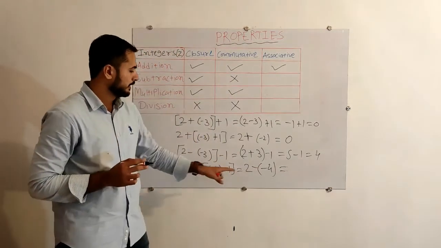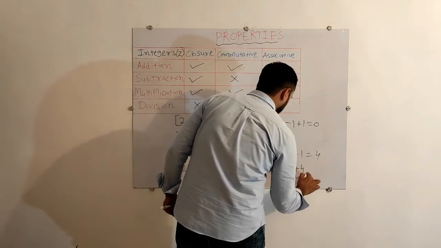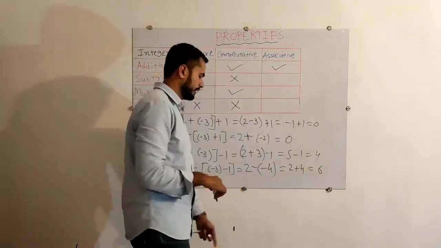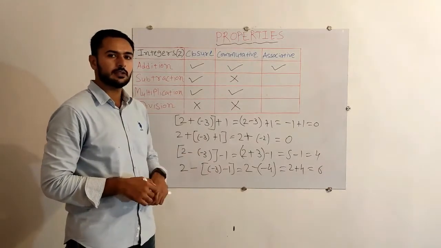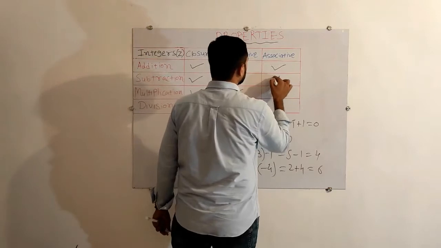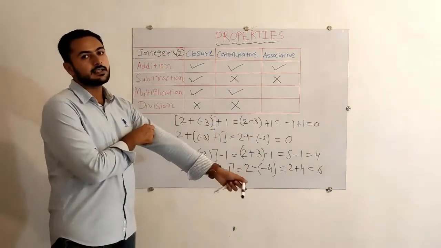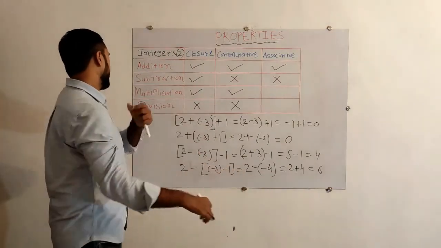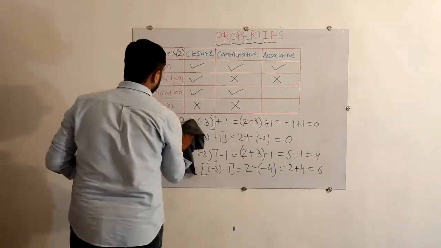Now, minus minus is plus, so 2 plus 4, answer is 6. Do we get the same answer for both? No. It means integers are not associative under subtraction.